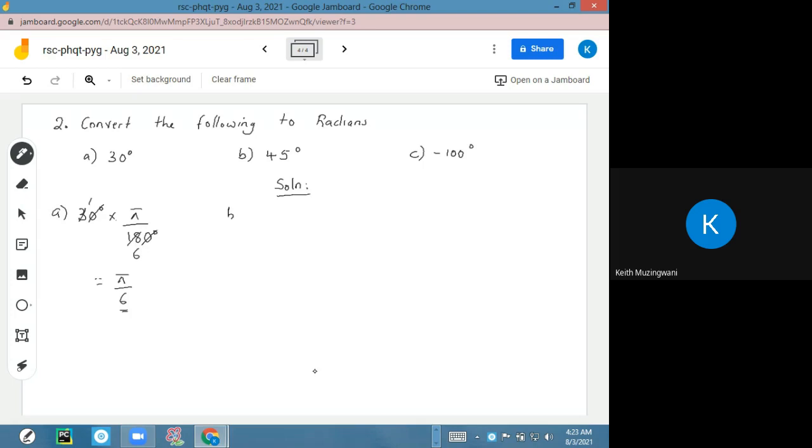To show that things are very, very easy now, you can multiply 45 degrees by pi over 180 degrees. 45 into 45 is 1, 45 into 180 is 4. So we get pi over 4.